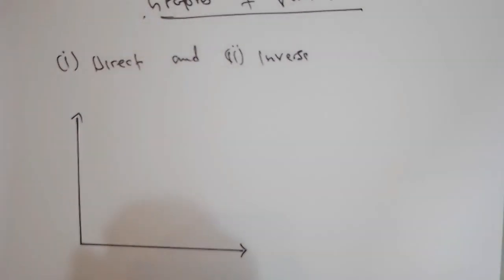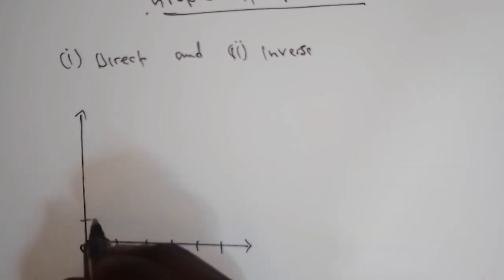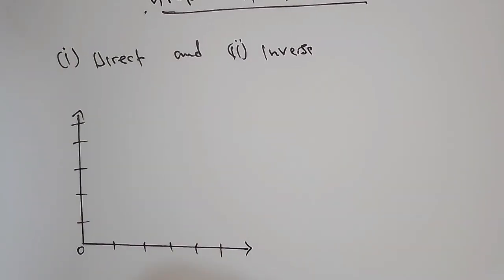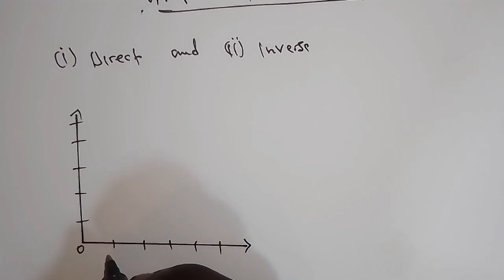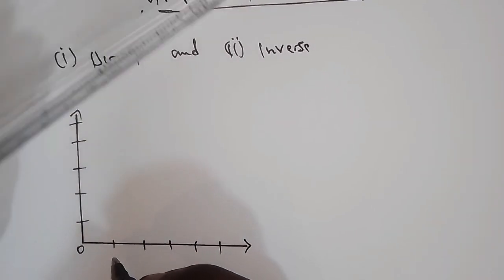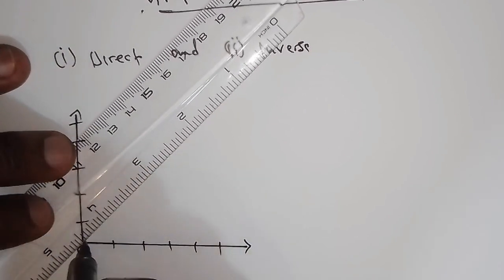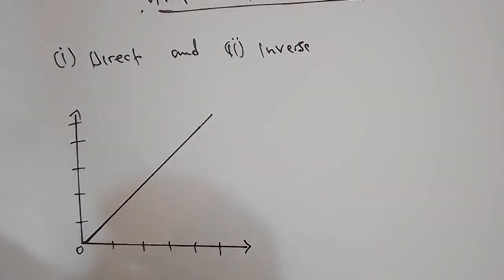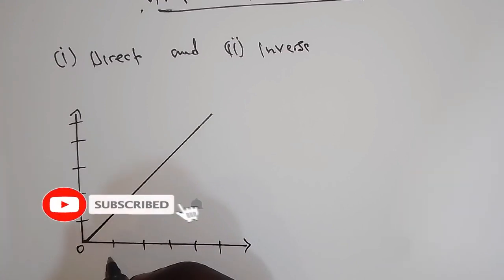Okay, so you can have numbers there like 1, 2, 3, 4, 5, and 1, 2, 3, 4, 5, for example. So in direct variation, you can have a graph like that.